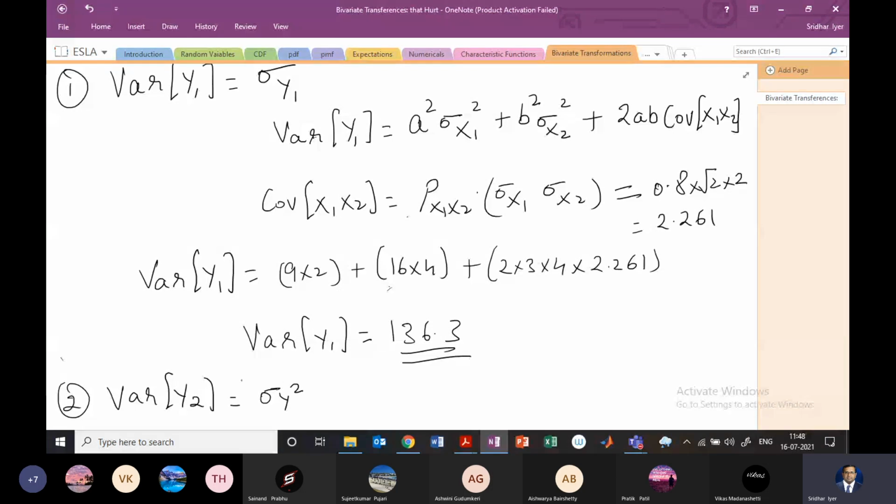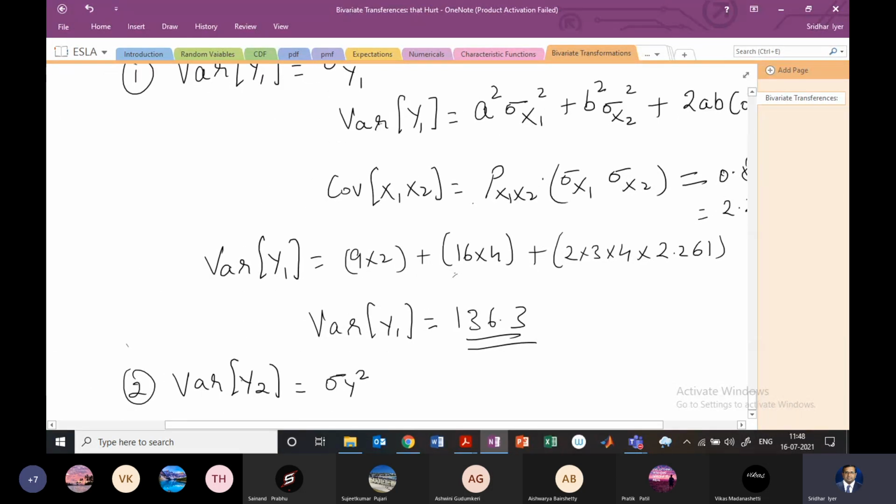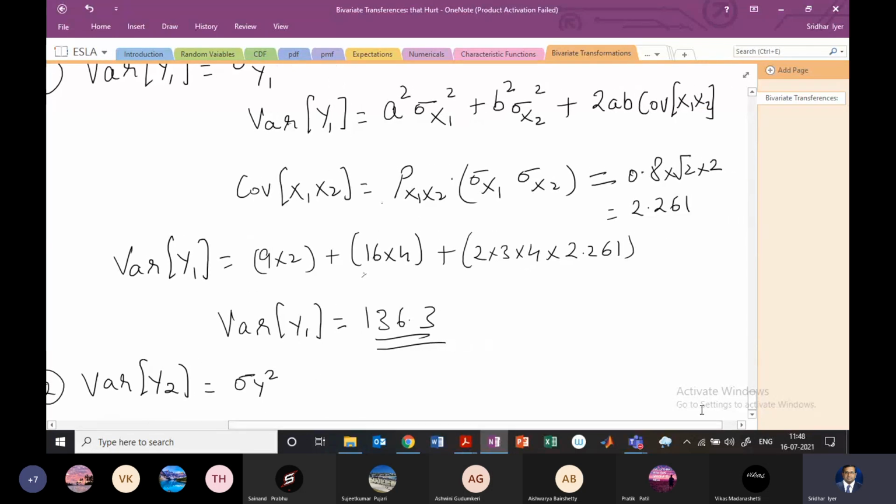So sigma y square in this case is going to be c square sigma x1 square plus d square sigma x2 square plus 2cd covariance of x1 x2, right? So there's not much change, just a and b have been changed by c and d.